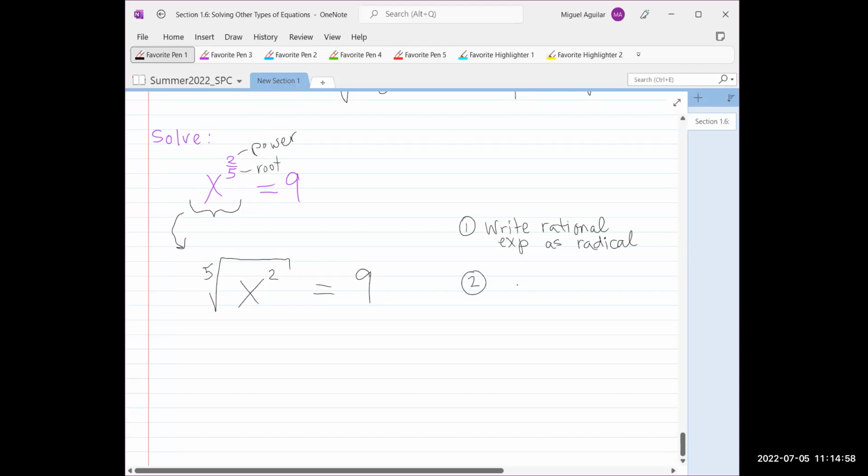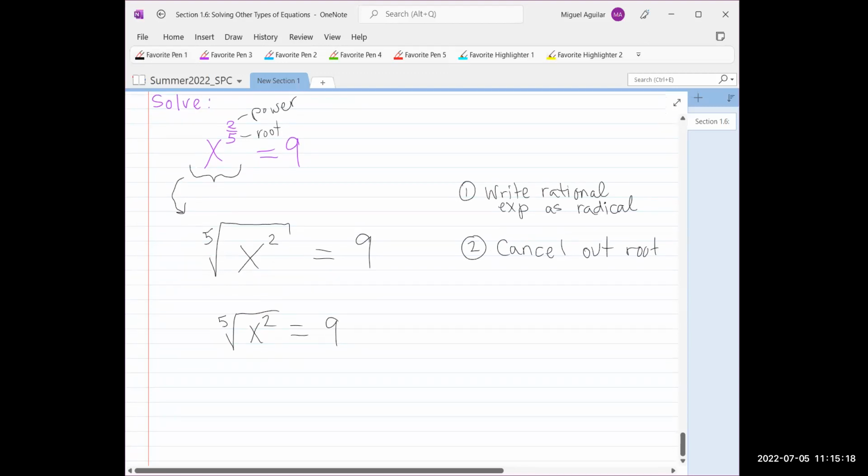The second step: look at the radical, look at the root. How are we going to cancel out the root? What power do we need to cancel out the root?